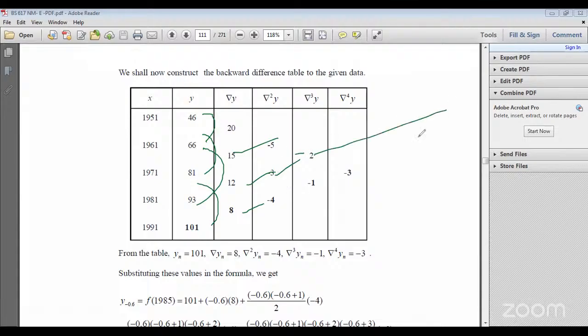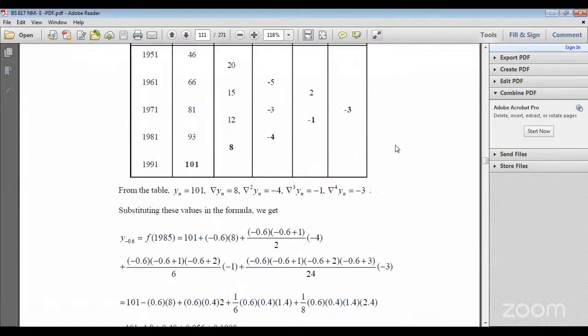Minus 3 plus 5 is plus 2, minus 4 plus 3 is minus 1, minus 1 minus 2 is minus 3. The zero power should not be 0, it is mandatory, the values we have to find out. So nabla for y n, y 101, nabla 1, 8, nabla square y n, minus 4, this is minus 1, this is nabla 4, that is minus 3.